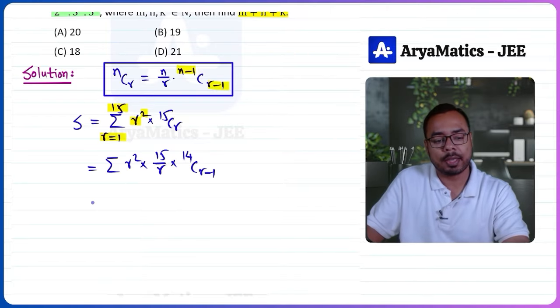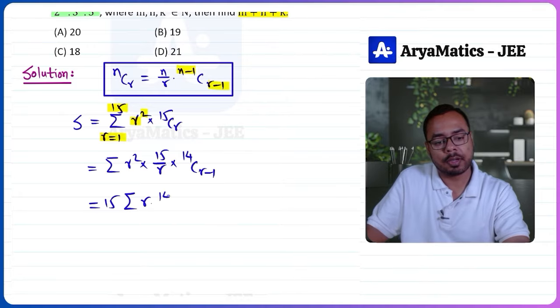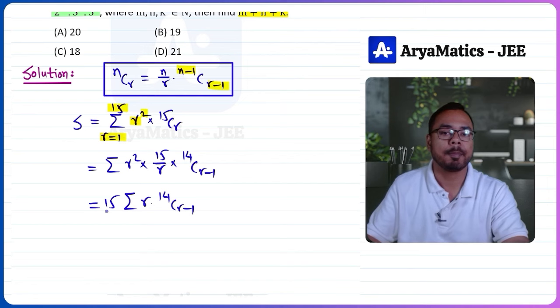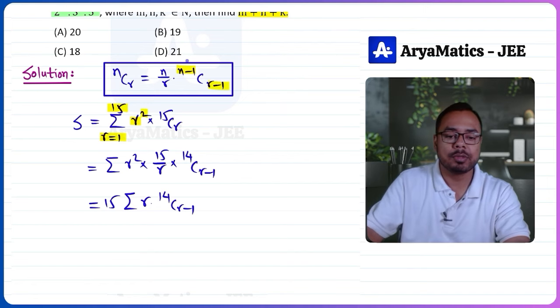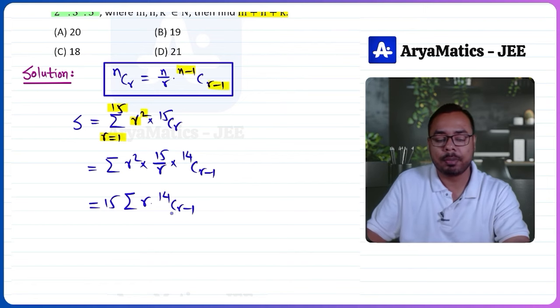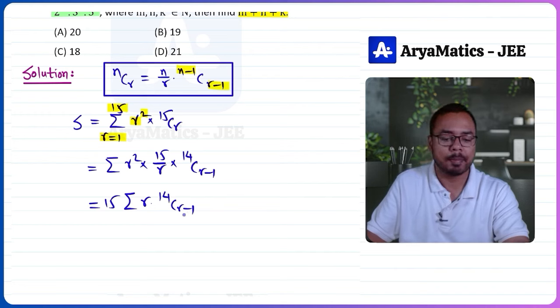Now one r you can cancel. 15 is a constant that you can take outside, and now we are left with r into 14C r minus 1. Now the problem is that if I use the formula in the next step, in the denominator you will get r minus 1, right? This thing you can write as 14 by r minus 1 and then 13C r minus 2, right?